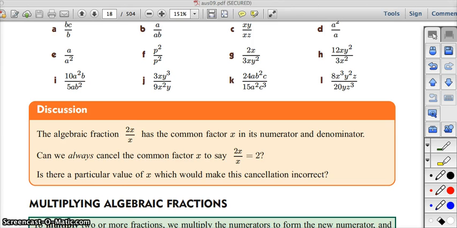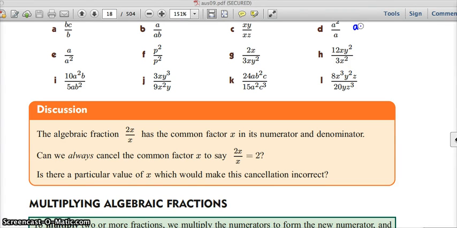Liam, have you got one you'd like us to go through? I know D. Which one? D. Yep. What would be on the top line to expand it? A times A. Good. What would be on the bottom line? A. Can we simplify there, Paris? Yeah.